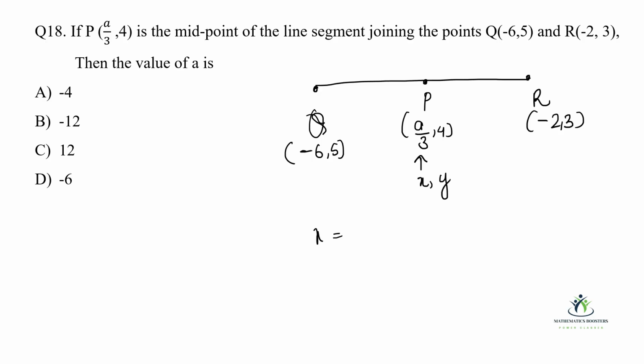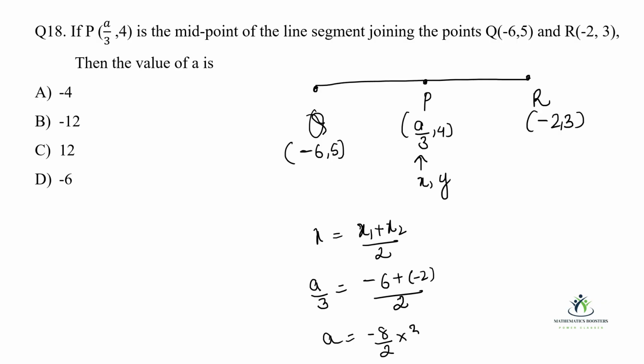X is equal to x1 plus x2 upon 2, midpoint formula. A by 3 is equal to x1 is negative 6 plus negative 2 upon 2. So A is equal to negative 6, negative 2 is negative 8 by 2 into 3. This will go to other side. Negative 4. A is equal to negative 12.